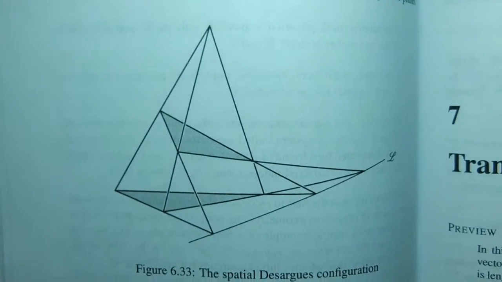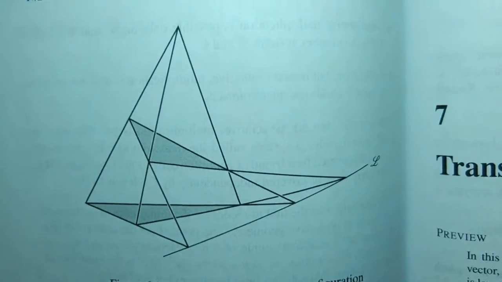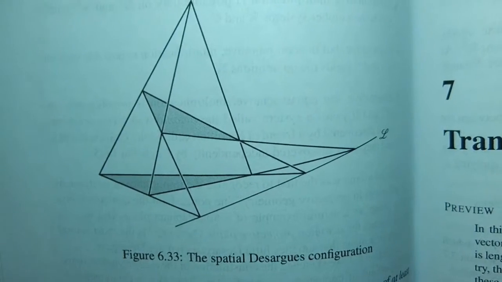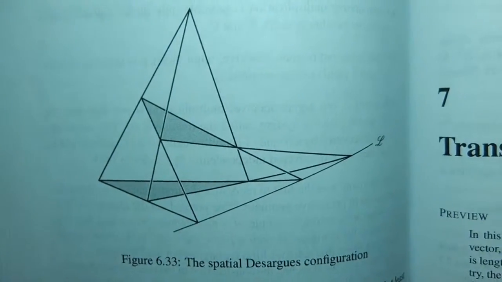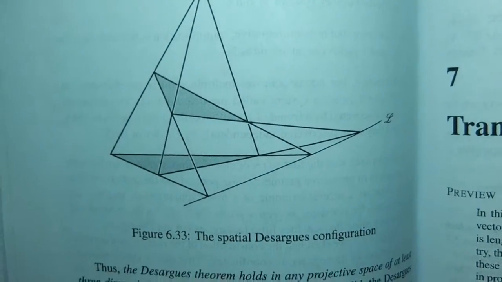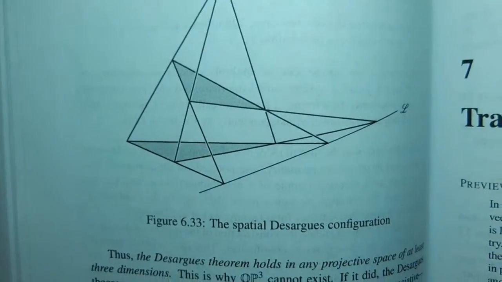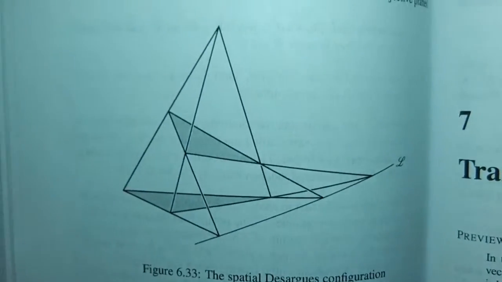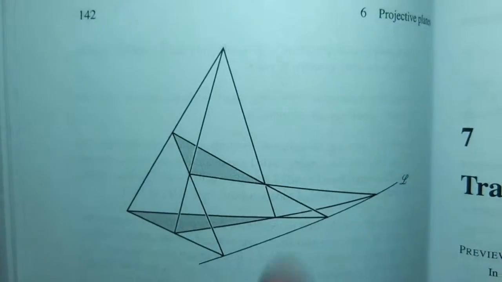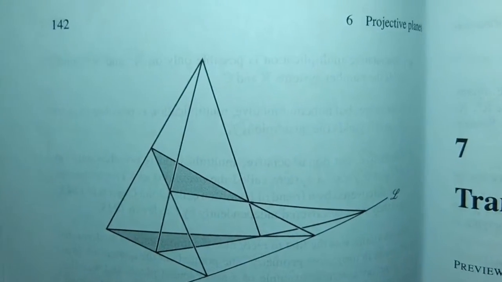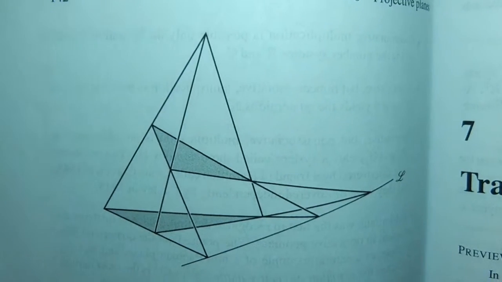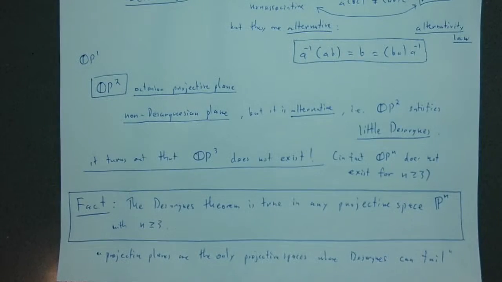All I need are the projective space axioms. If I have those axioms for dimensions 3 or higher, I get this. It would be harder to visualize for 4, 5, and 6 dimensional projective space, but it works in the same kind of way. And so Desargues' theorem is always true for projective spaces of dimension 3 or higher.